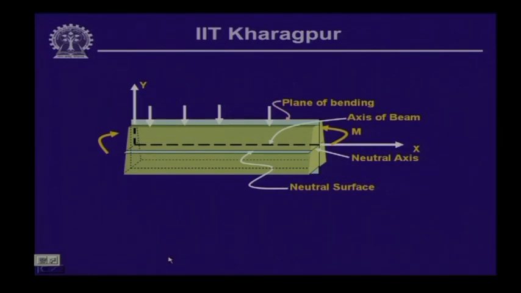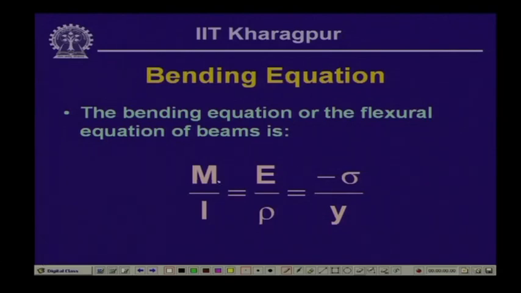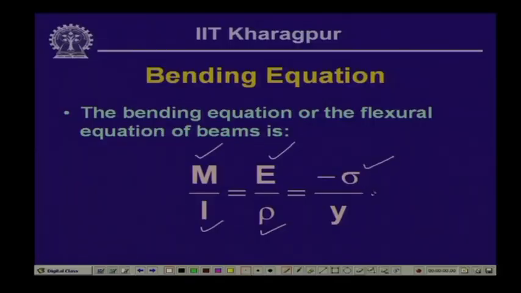Now, the bending equation we get is of this kind, where M is the bending moment, I is the moment of inertia, E is the modulus of elasticity, rho is the radius of curvature of the neutral axis, sigma is the stress, and y is the distance of the point at which we are trying to find the bending stress.